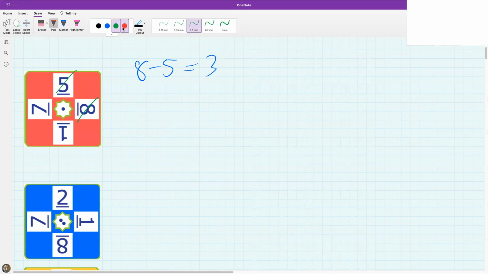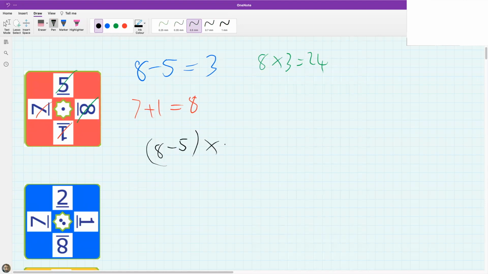Aha, yes. So Naledi has said 7 plus 1 can give us 8. And what can we do with the 8 and the 3 to get 24? Well, we can just go 8 times 3 is 24. Or Tebogo has said 8 minus 5 is 3 times 7 plus 1, and so that would be 3 times 8, which is 24.